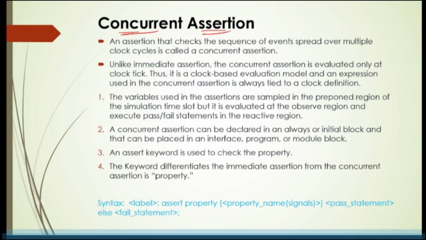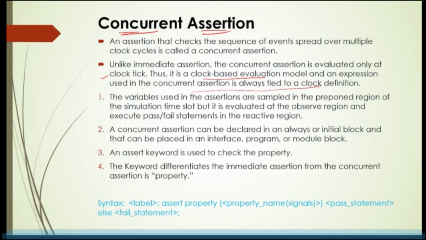Also, one important thing about concurrent assertions is that they are evaluated only at every clock tick, for every positive or negative edge that you specify. That is why we call concurrent assertions a clock-based evaluation model, because they are executed only based on the clock. So a concurrent assertion is always tied to a clock definition.